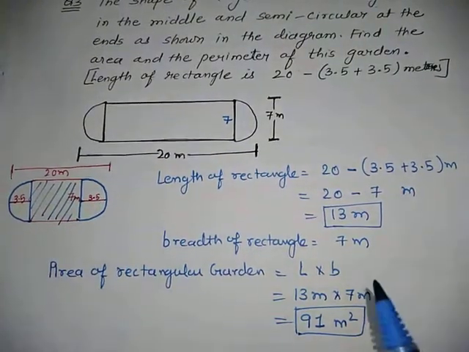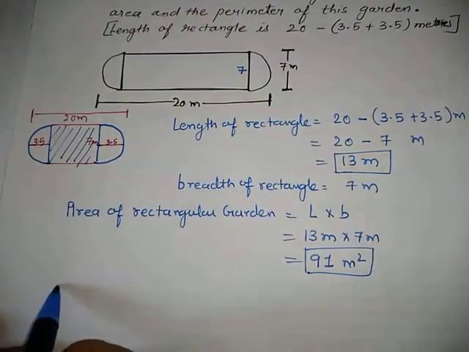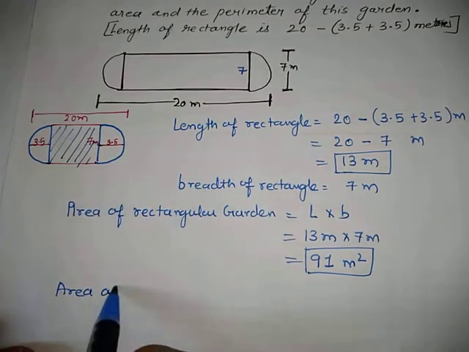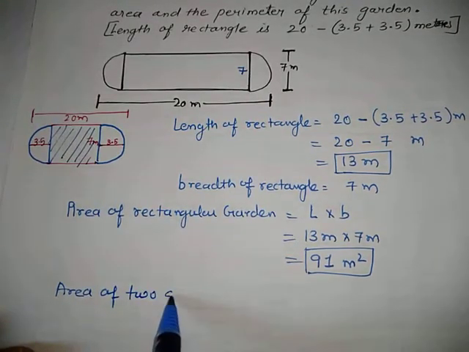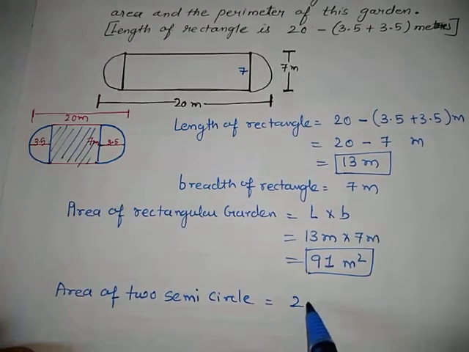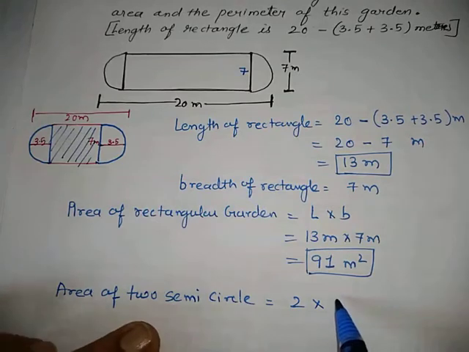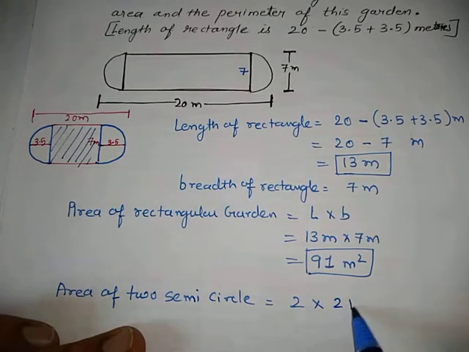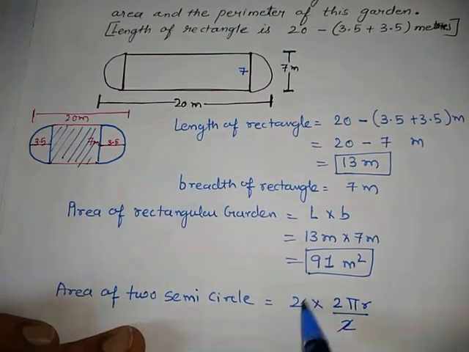Two semicircles means one circle. So the area of two semicircles: 2 multiplied by the semicircle formula. What is the formula? 2 pi r divided by 2. So the 2 gets cancelled.